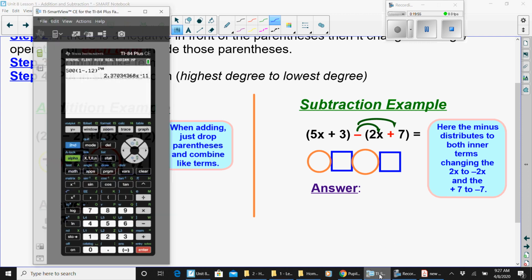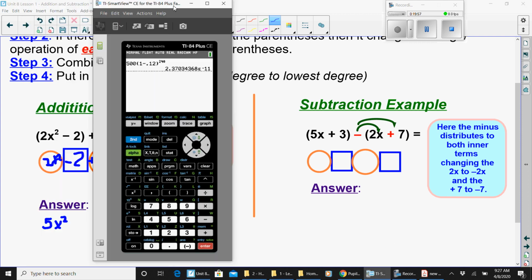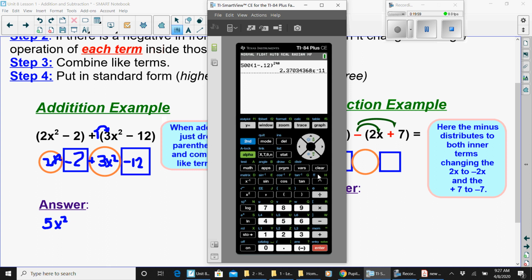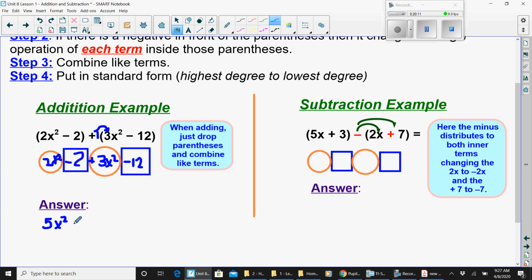All right, if you really need it, a negative 2 minus 12. That's how you'd put that in. You'd get negative 14. And that would be your final answer. It's not like solving for anything. That's it. You're just combining like terms, and that's about it.